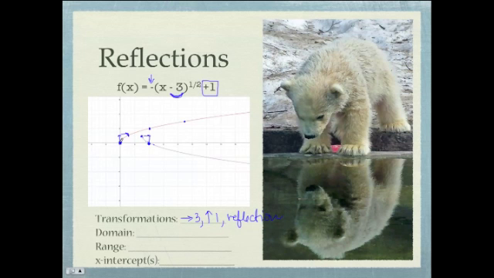And then to get from 4 to the point (4, 2), instead of going up 2, I'm going down. So down 2, over 4.